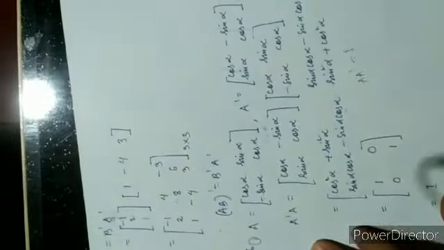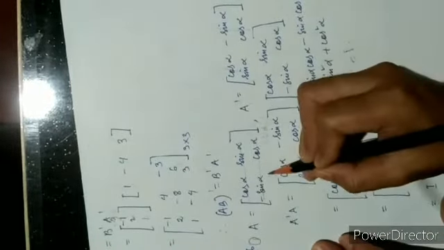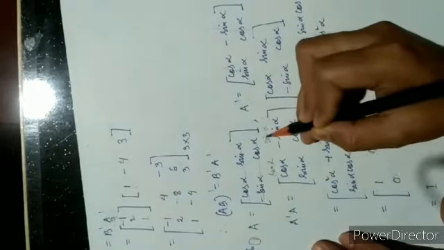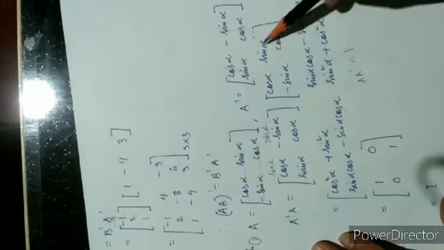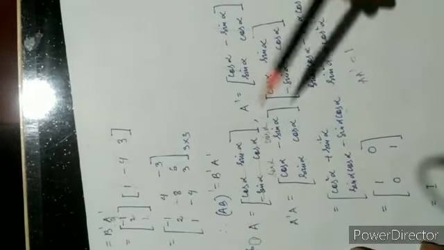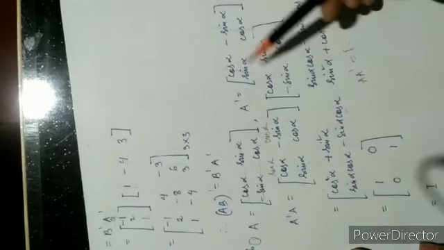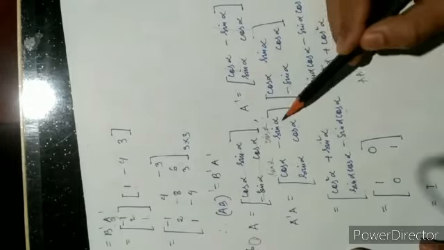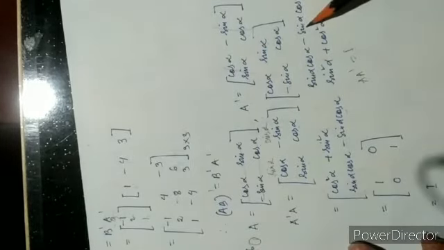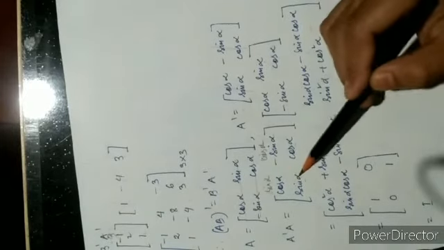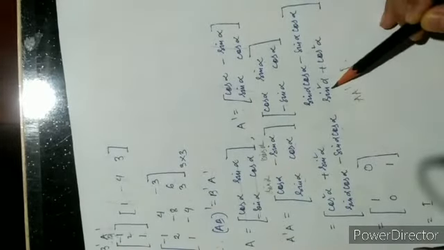Then multiply with the second column, which has elements sin alpha, cos alpha. Find the sum of the products of corresponding elements. Sin alpha into cos alpha, sin alpha cos alpha. Cos alpha into minus sin alpha is equal to minus sin alpha cos alpha. Sin alpha into sin alpha is equal to sin square alpha.